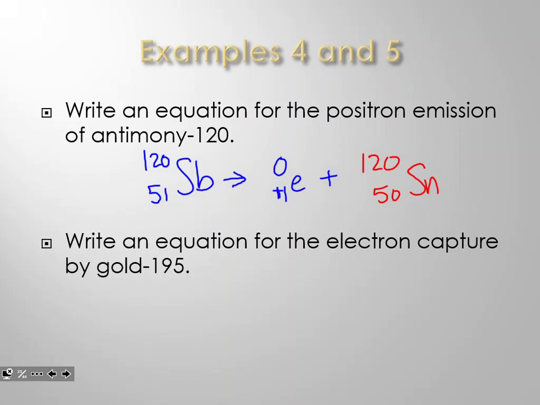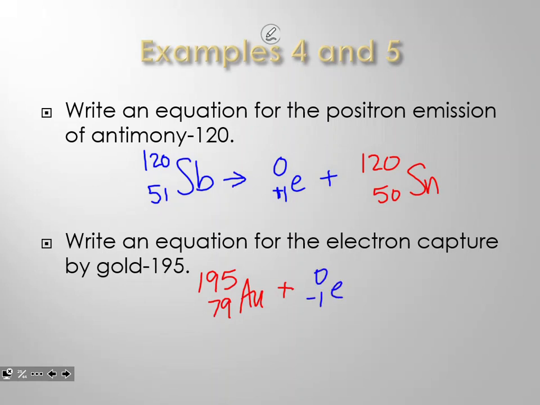And let's look below at our electron capture. What do I need to remember about this one? It's the only one that has a particle on the left side. We need to stick the electron on the left side. So we have gold, 195. Gold is 79, right? Okay, good. So we need to add in our electron over here, which is a beta particle.